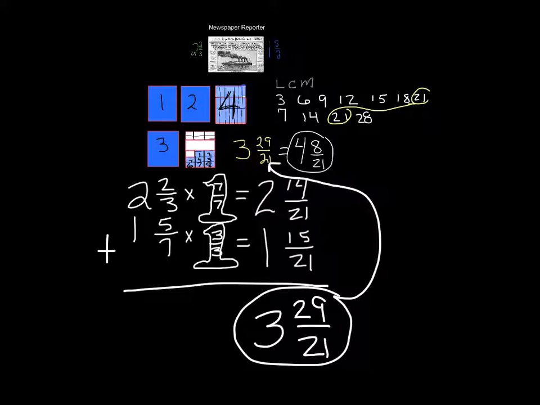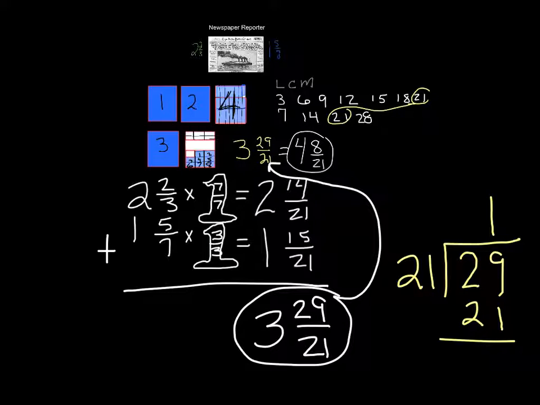We're going to take 29 divided by 21. That will go in there 1 time. Now 1 times 21 is going to give us 21. And when I subtract, I'm going to get 8 left. Now you're going to take your remainder, and that's going to become your numerator. And then your divisor right here gets moved over here as your denominator.